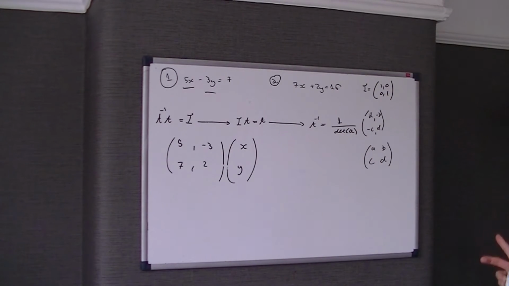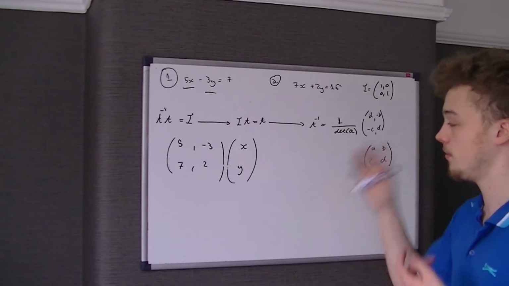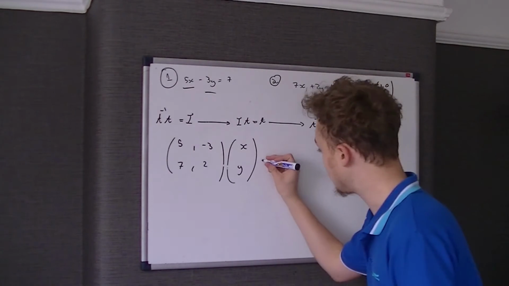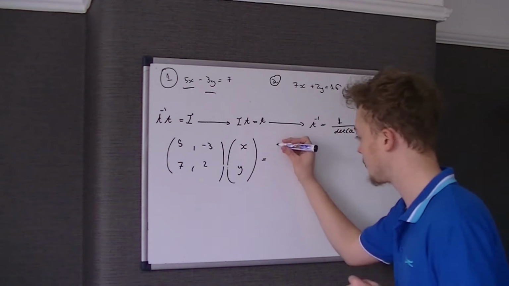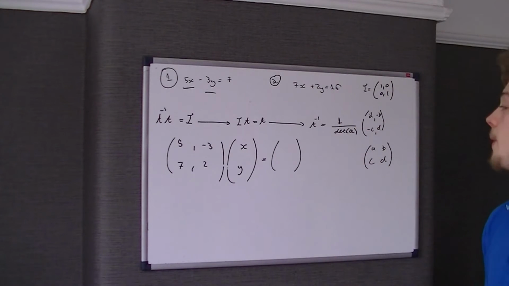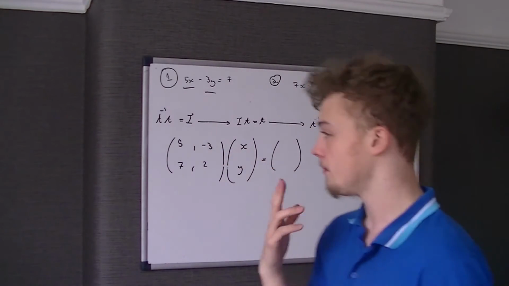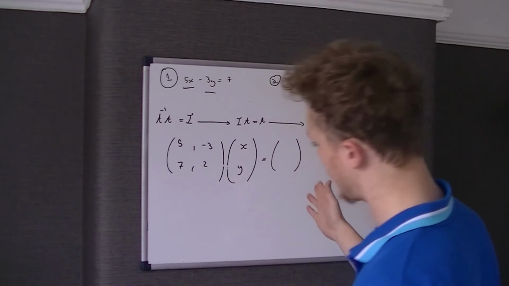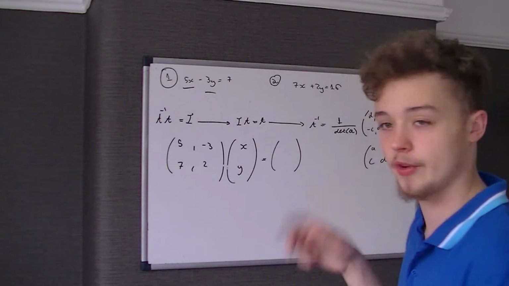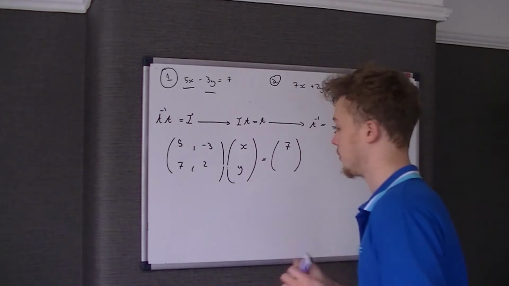We multiply it by x and y, and that gets us the answers, but we've got two different answers here. In the first equation we've got 7, and in the second equation we've got 16. That will lead us on to the next bit I'm going to explain. The first row is to do with the first equation, so the first row in this answer is to do with the first equation, therefore we put 7 on the top.